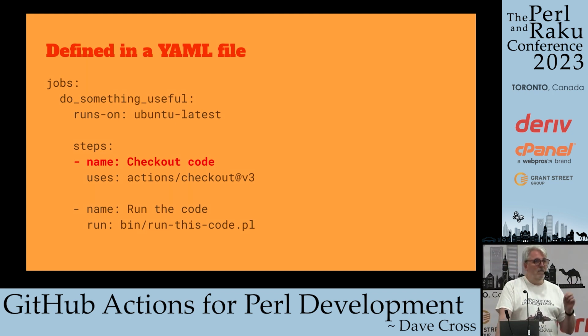There's this thing called the Actions Marketplace where people can, well, it's like CPAN for GitHub Actions, and people can put out actions that you can reuse, and you reuse them with the uses keyword.